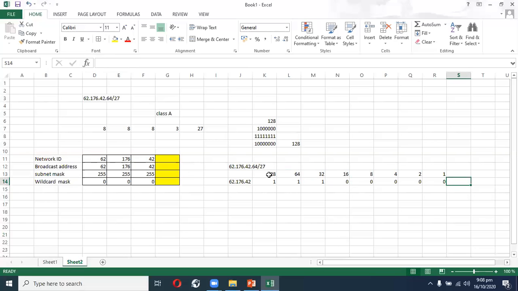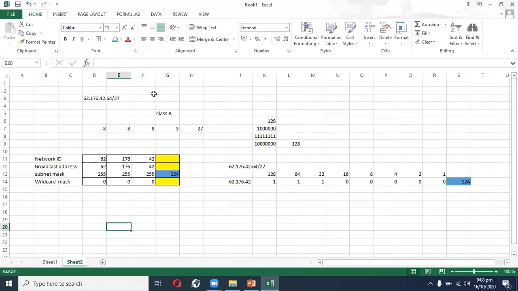When we add these first 3 digits, it is equal to 224. So 128 plus 64 plus 32 is 224. This 224 will be written, let me color it blue, as our subnet mask. So blue will be our first digit, it will be 224.